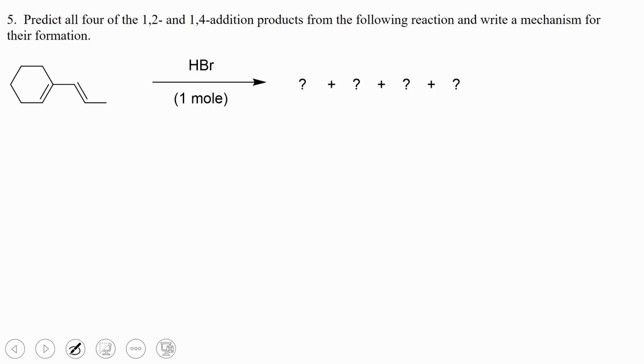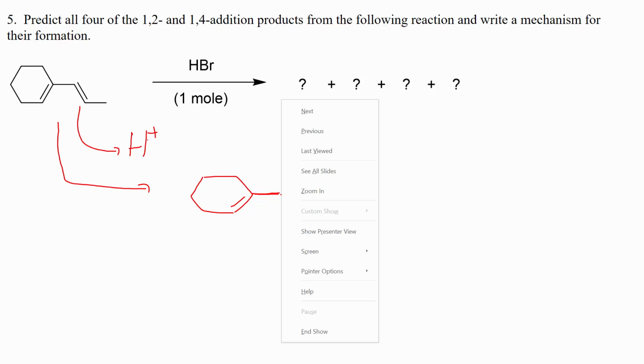Okay. Finally, let's predict the 1,2 and 1,4 addition products from the following reaction. All right, so recognize that there are two ways for this compound to undergo protonation initially. We're going to look at protonation of the right side alkene. Okay, and that gives us this carbocation.